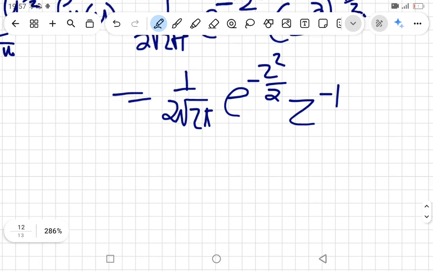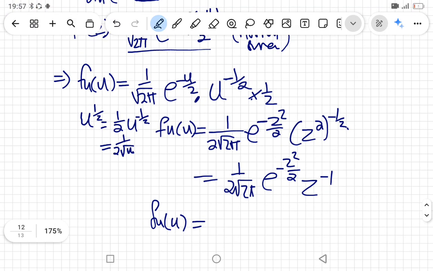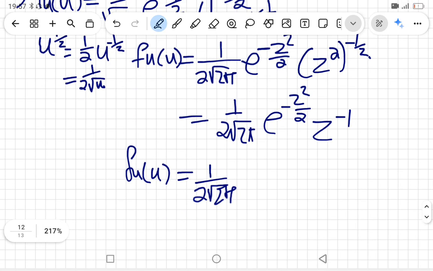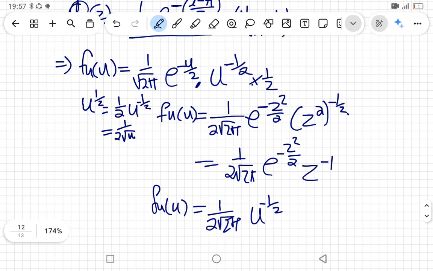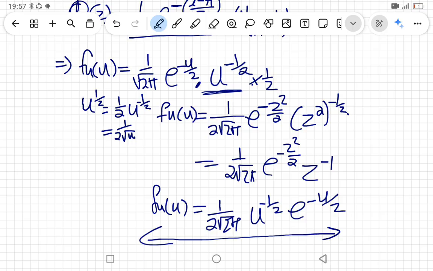So basically, if we are leaving this in terms of U, we will have 1 over 2 root 2 pi U to exponent negative half, and then e to the negative U over 2, if we decide to leave everything in terms of U. Actually, this is what they were looking for.